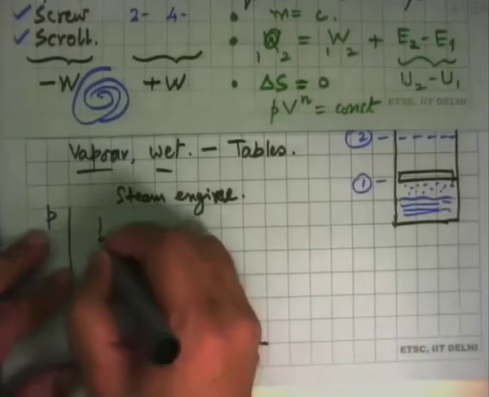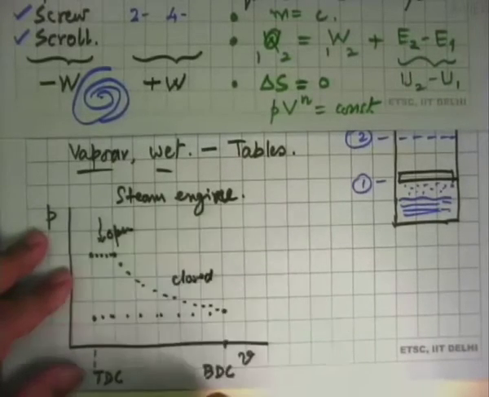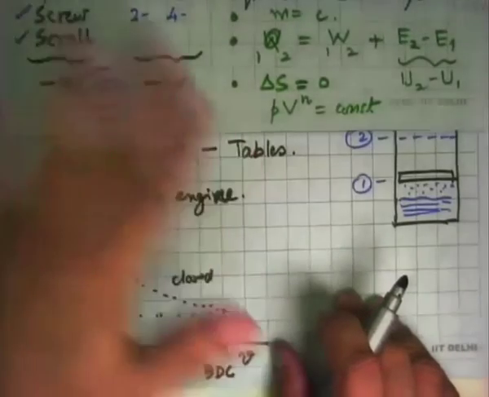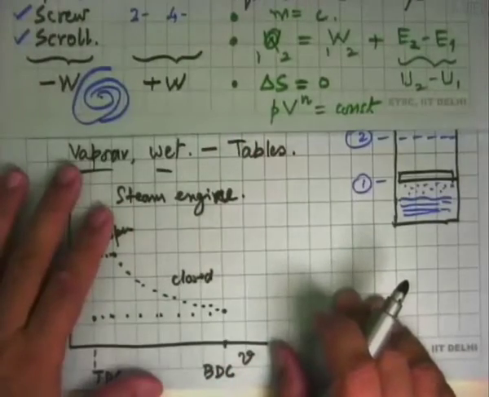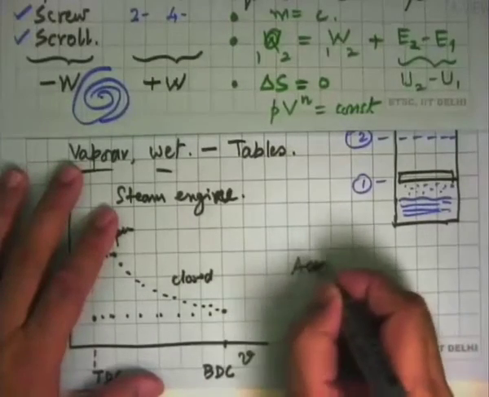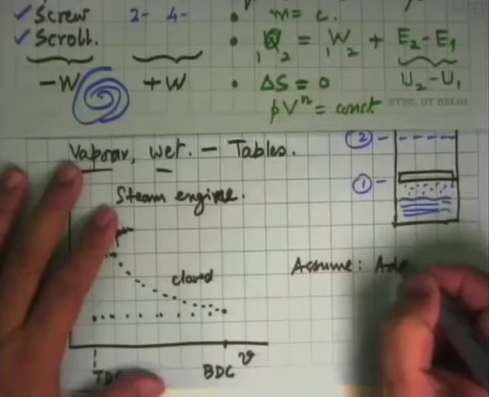So this is open system, this is closed system, and unless it's explicitly stated that there is so much heat transfer taking place between the surroundings and the piston, we can assume that this type of device will be adiabatic.